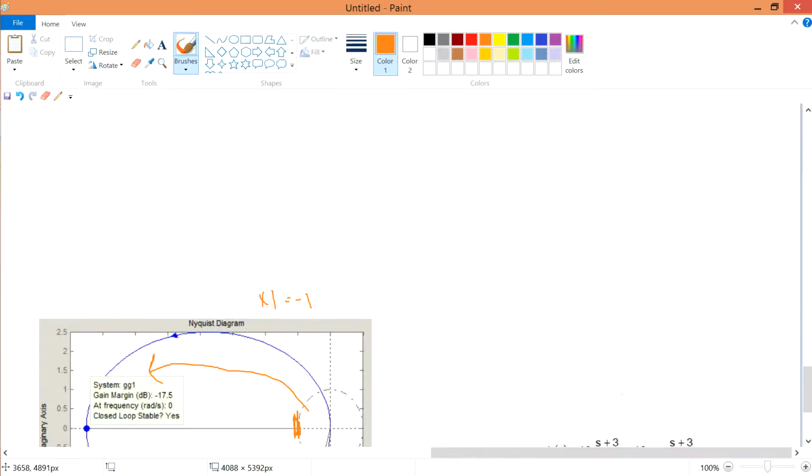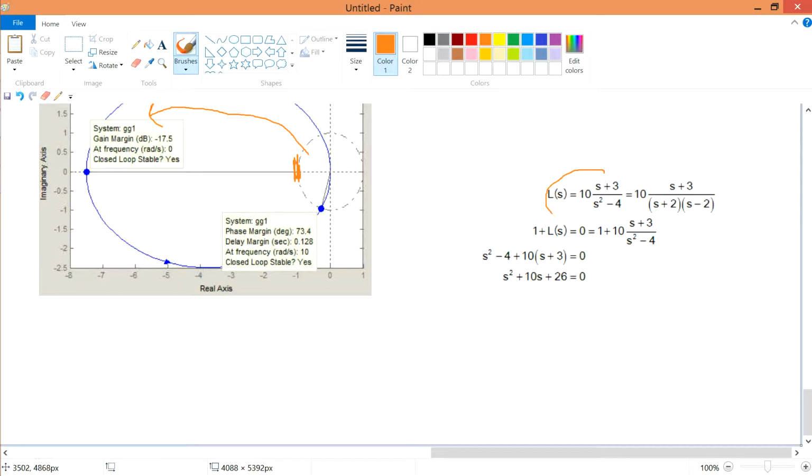And this is why the method is over here. L of S is this. 1 plus L of S is this. I solve, eventually I have this over here. I rearrange, I have this. And when I have this, you see, these are all positive. So if you were to solve for the roots itself, we have minus 5 plus or minus i.